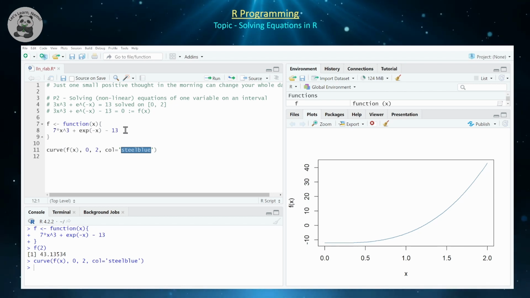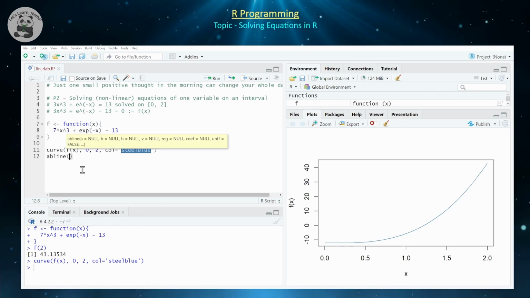And we want to know when this function is equal to 0, because that's when the left-hand side of the original is equal to 13. That's pretty much what we're doing here. So let's draw a horizontal line here to get some sense of where this blue curve crosses the x-axis.